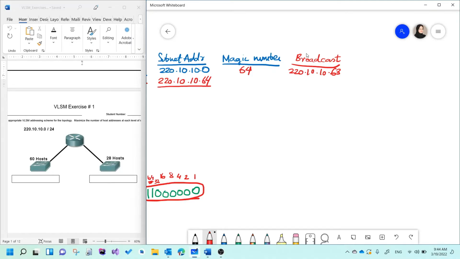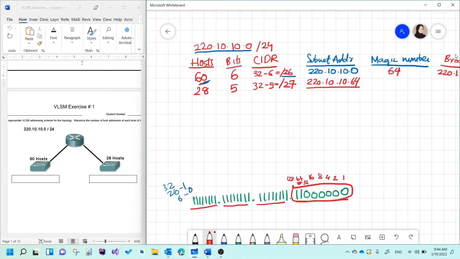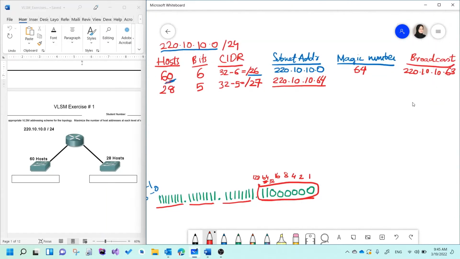Your last subnet is the one with 28 hosts, right? So you can figure out the magic number for this. You would again do the same thing. Now you have 27 ones, and you would see the last one is at 32.